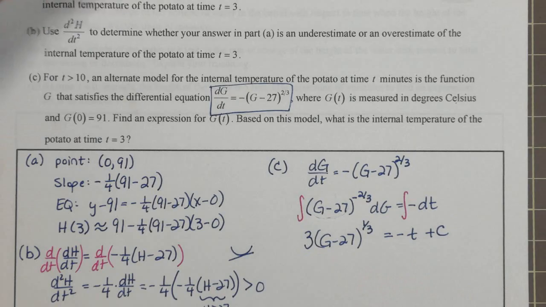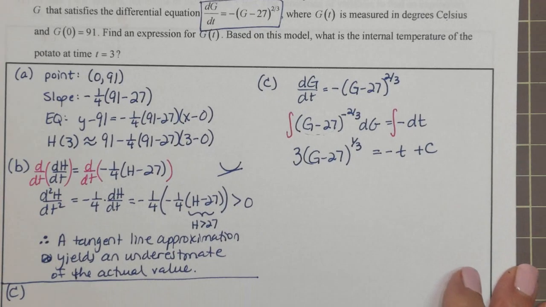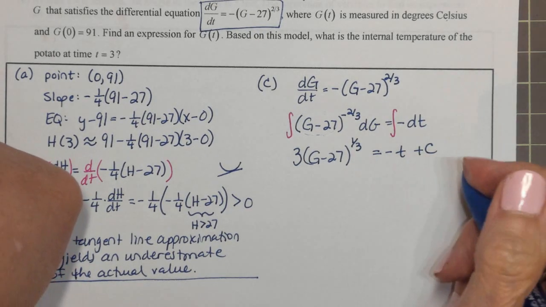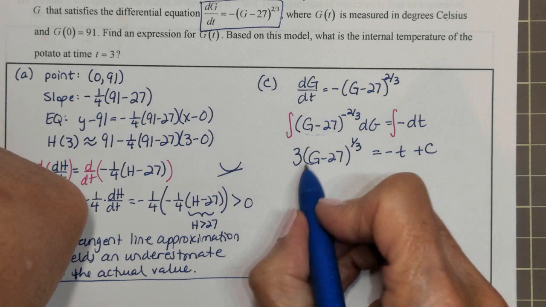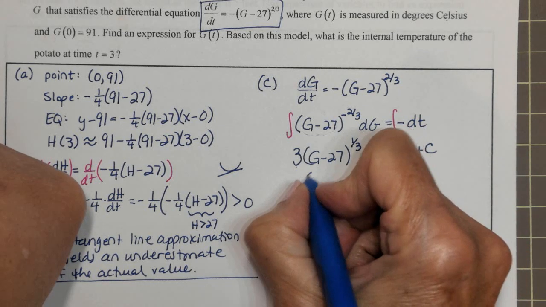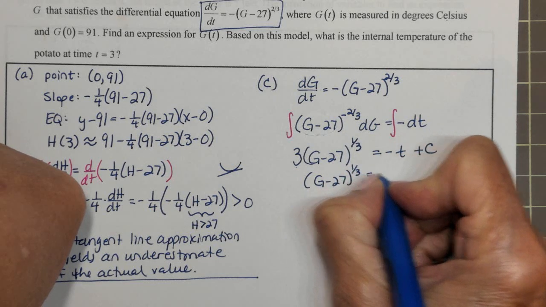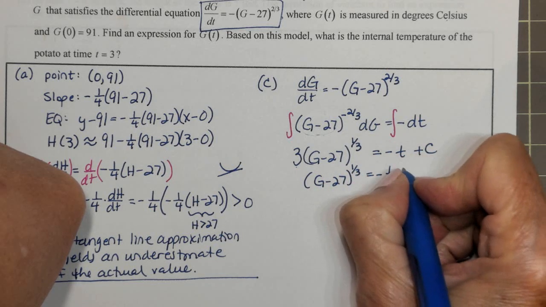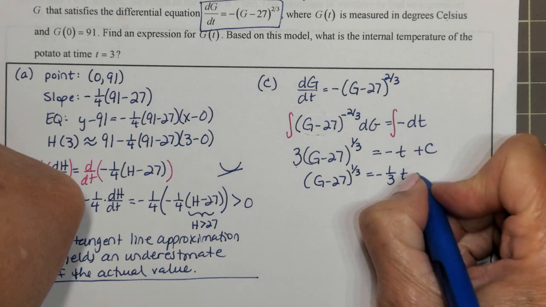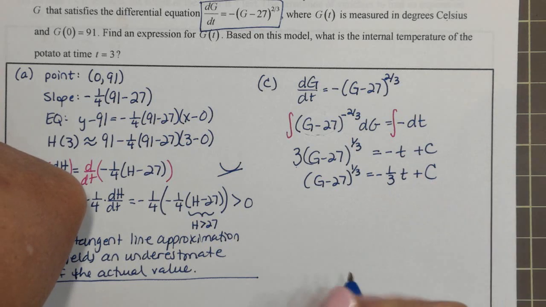Remember, we combined the constant on the left with the constant on the right and just wrote it as a singular constant. I'm going to divide both sides by 3. When I divide the c by 3, I just get another constant.